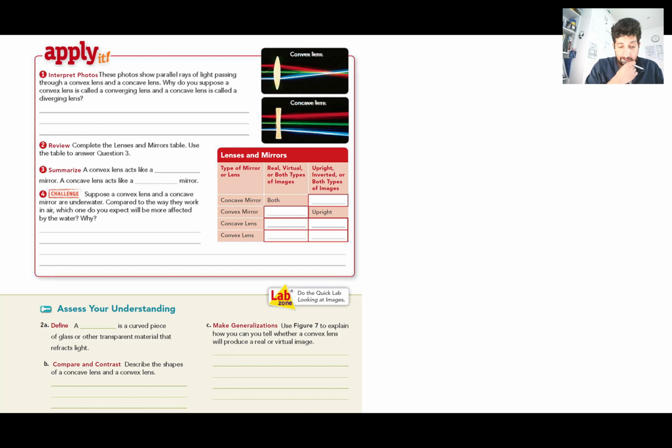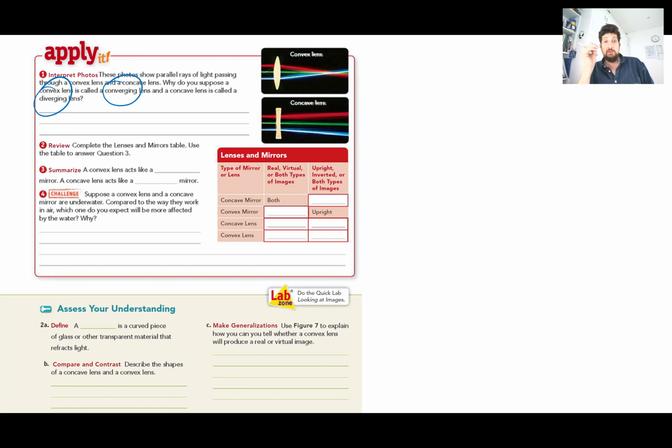Ooh, what do we have here? This looks like the video I showed you in the classroom. It's very interesting. I like that. Interpret photos. These photos show parallel rays of light passing through a convex lens and a concave lens. Why do you suppose a convex lens is called a converging lens and a concave lens is called a diverging lens? Well, that's where your vocabulary skills come into play.